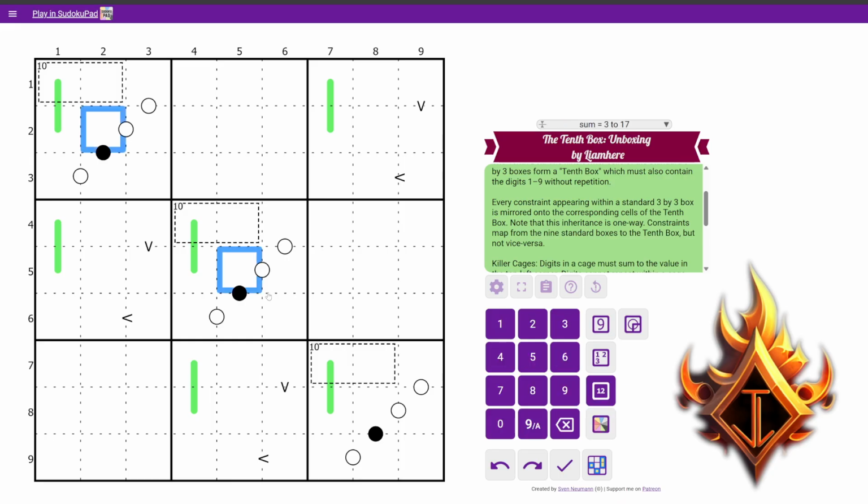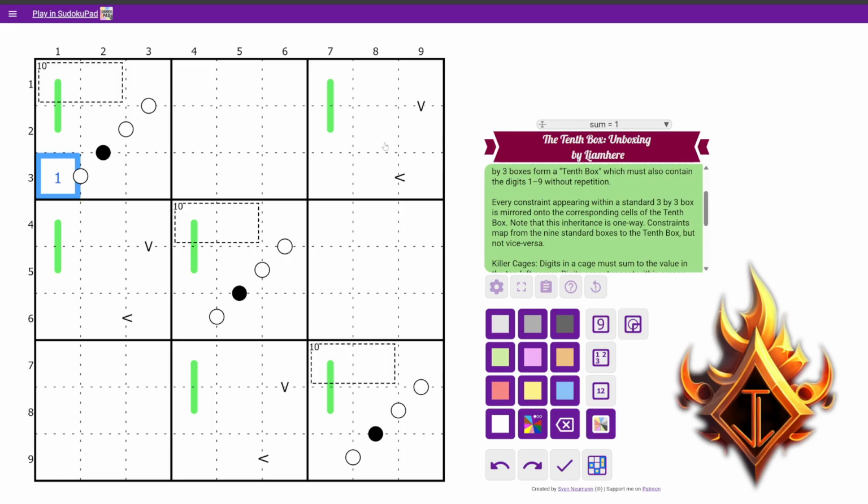Oh wait, why did I copy that down? I shouldn't have copied it that way. All 3 of them cannot be even. Let me try this again. 1, 2, 4.